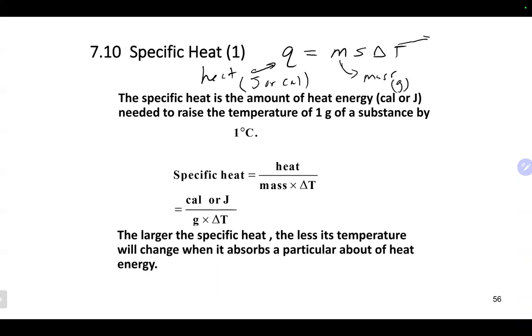Delta T is the change in temperature, which should always be the final temperature minus the initial temperature, and is one of the few things in chemistry where we actually keep it in degrees Celsius. We don't convert it to Kelvin in this case. And that is because of s. I personally use s. Some people use SH, some people use C for this, and that is the specific heat capacity.